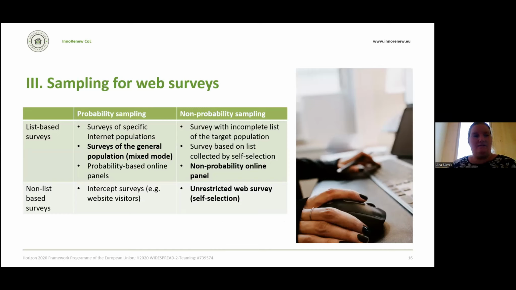When we don't have funding, doing an online survey is our only option. And so having a probability sampling is not an option for us. But even when we are using non-probability sampling in web surveys, there are ways to do it in a better way, or in a not-so-good way.